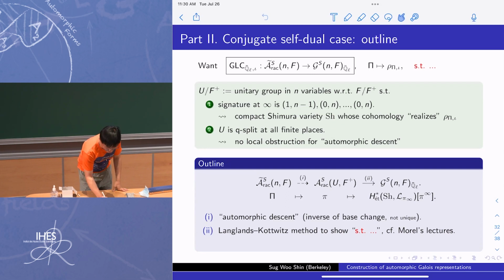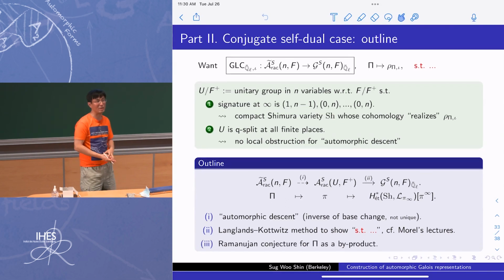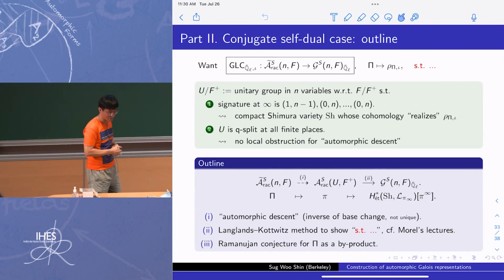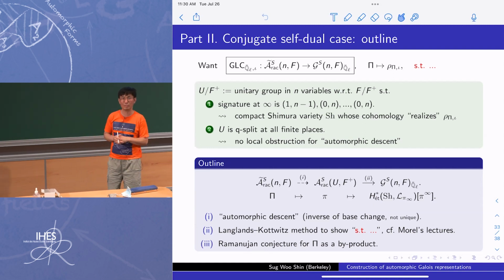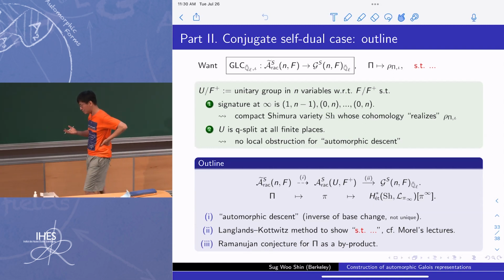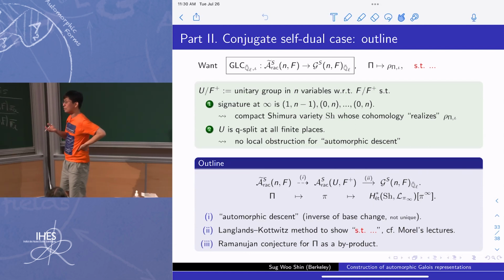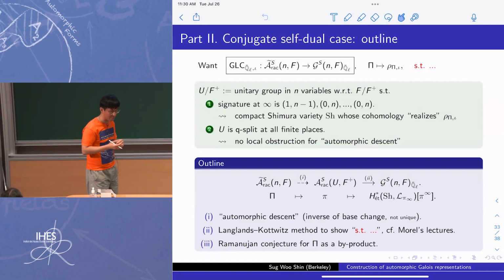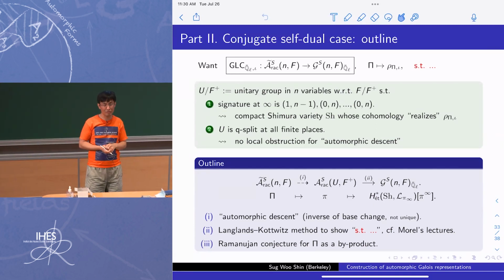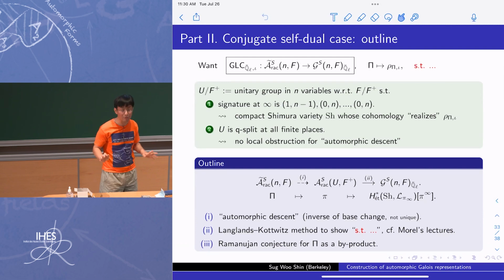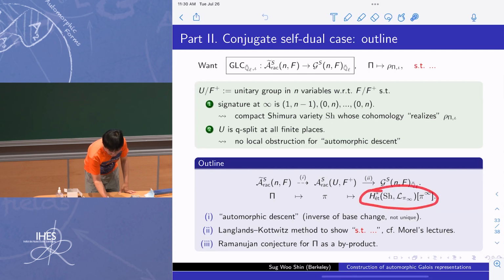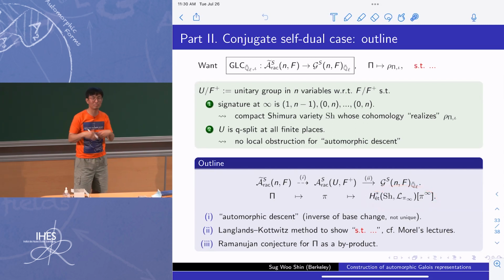But then I can't resist making one remark, which is that there is a byproduct of this argument, namely the Ramanujan conjecture for the capital pi. The Ramanujan conjecture basically says that the local components of a cuspidal automorphic representation of GLN are tempered, or essentially tempered. You can deduce this out of this picture because I'm dealing with compact Shimura varieties, so the Frobenius eigenvalues here are Weil numbers by the Weil conjectures.